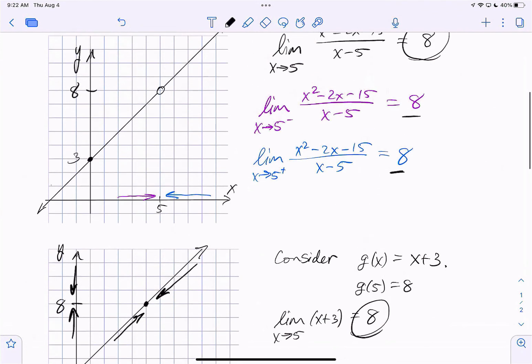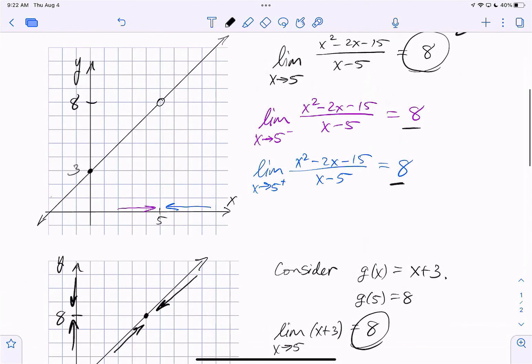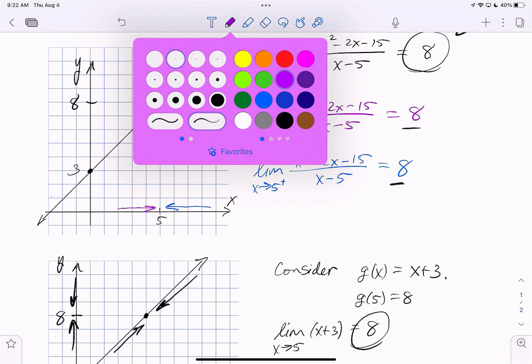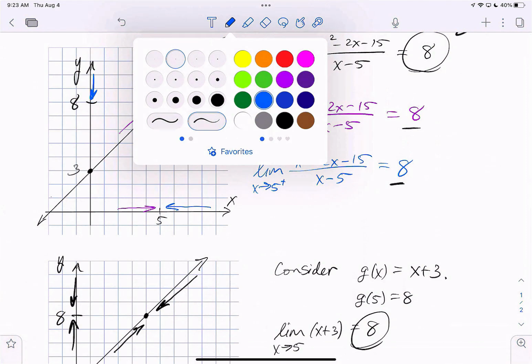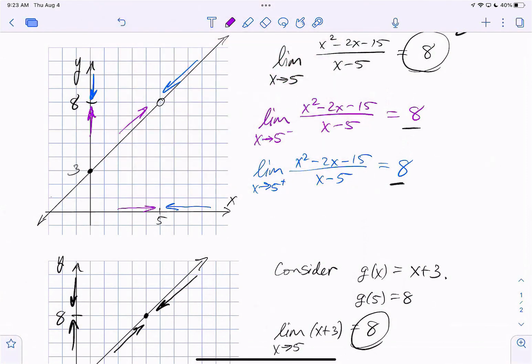And I can illustrate that in the previous example as well. As I approach 5 from the right with the blue arrow, and as I approach 5 from the left with the purple arrow, the function value is zeroing in on 8. And in this case, it's from above and from below.